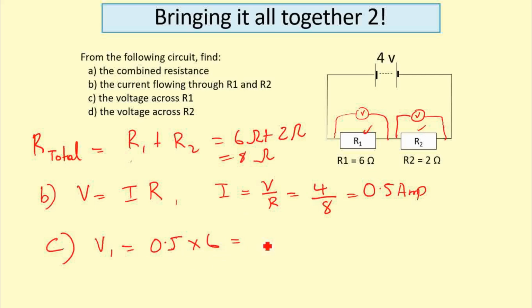So 0.5 times 6 is equal to 3 volts. Without calculating, we know that V2 has to be 1 because they need to add up to give us 4. But let's still do the calculation. For V2, this is question D, it's going to be 0.5 times 2, which is equal to 1 volt. They need to add up to give us back the 4 volts.